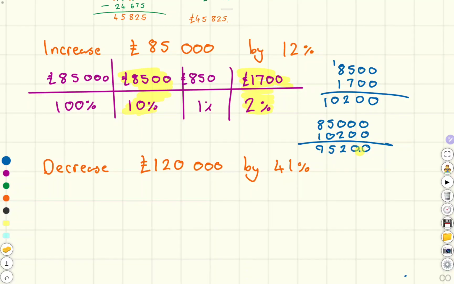So we should get £95,200. I'll put my pound sign in front of it.